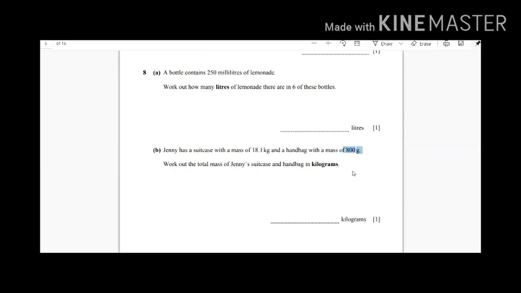You have to make 800 gram into kg. How to convert gram to kg? 800 divided by 1000. What is the answer?